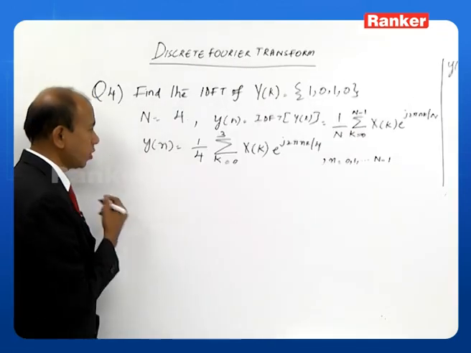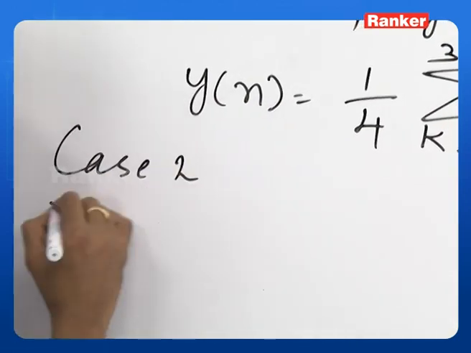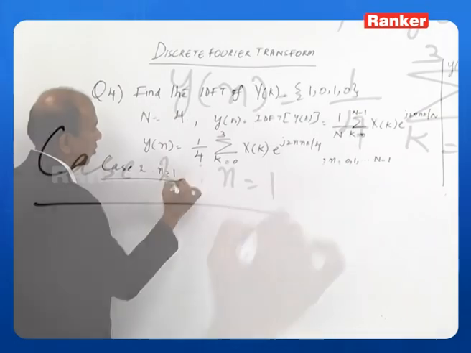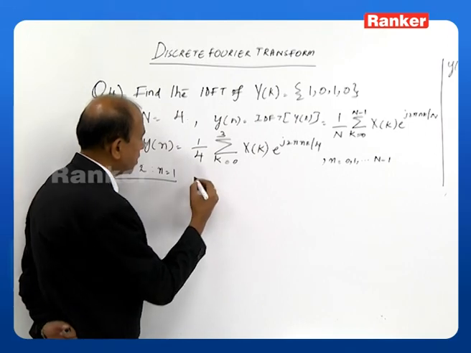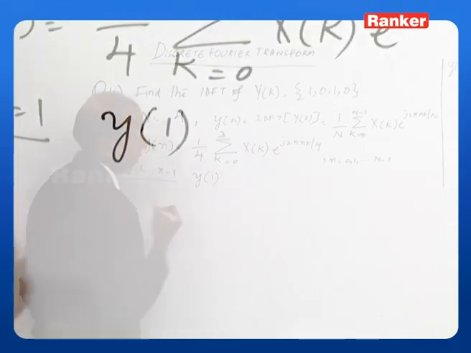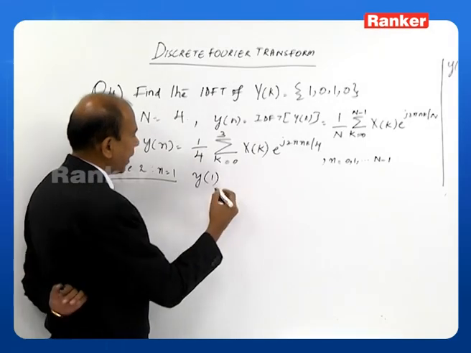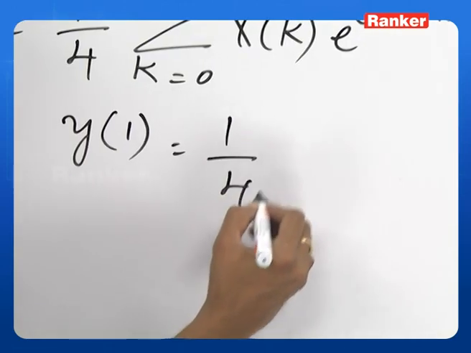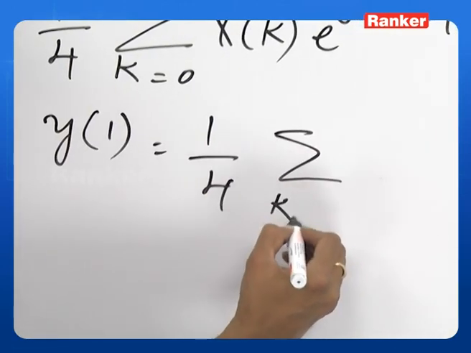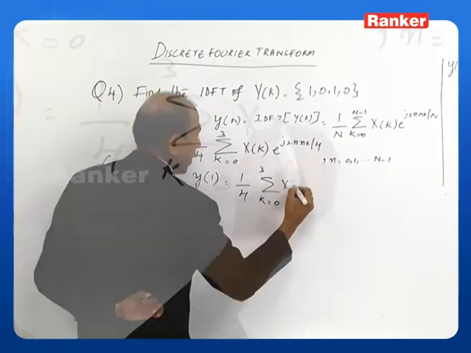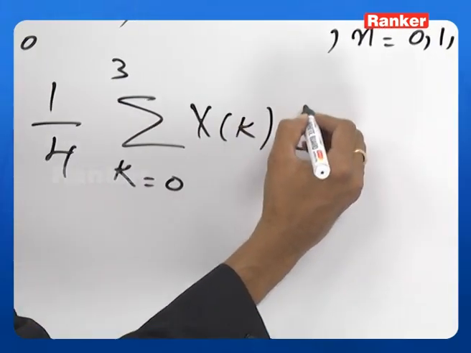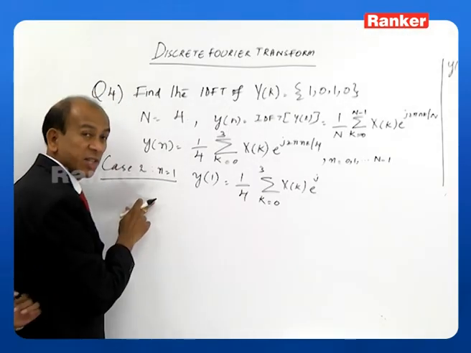Let us take case 2 now. Case 2, n is equal to 1, because already we have seen n is equal to 0 there. So let us write down this. So this will be y of 1 now. Okay. So again, let us write down the whole formula. K is equal to 0 to 3, x of k, and now e to the power of j, n is equal to 1.